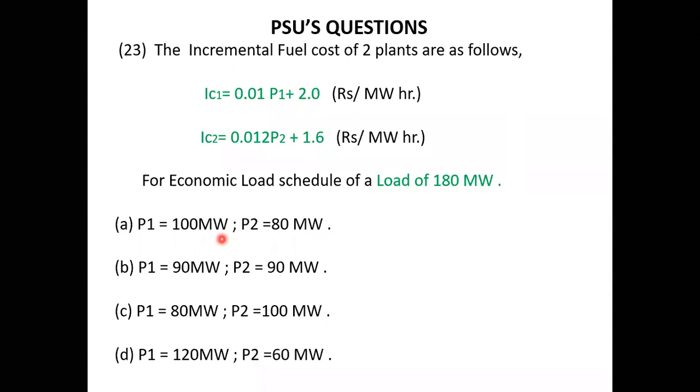Whether P1 should be more when compared to P2, or P2 should be more when compared to P1, or these two are the same. We can understand this based upon the incremental fuel cost. Now observe the incremental fuel cost for power plant 1 and power plant 2 and tell me the answer now.